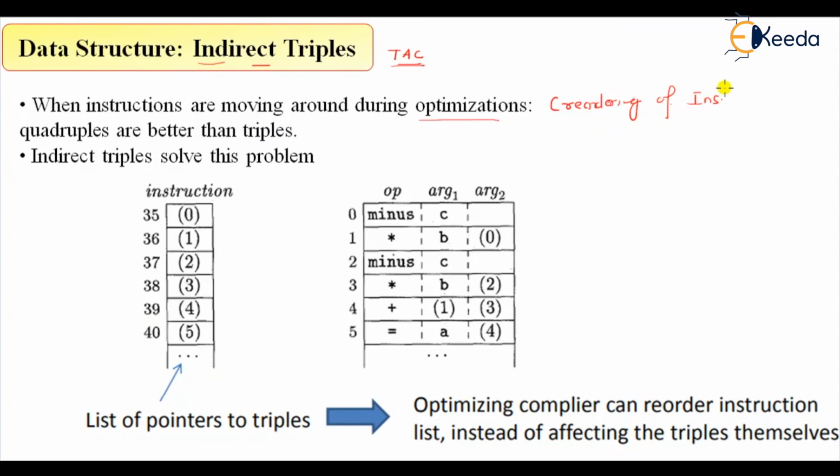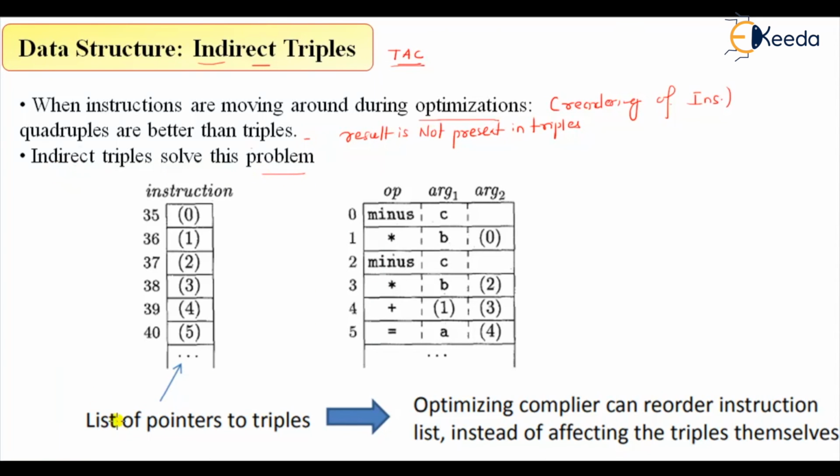Sometimes for optimization purposes we have to reorder them. Quadruples are better than triples. The difference between quadruples and triples is that the result field is not present in triples. So quadruples are better, and indirect triples solve this problem.